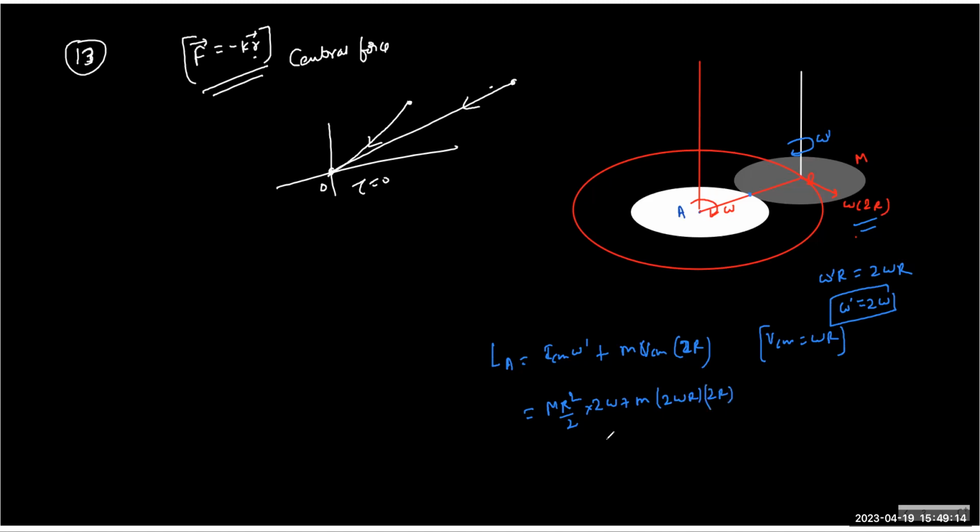Right? That gives M omega R square plus. Is it 5? Yes, it is 5.